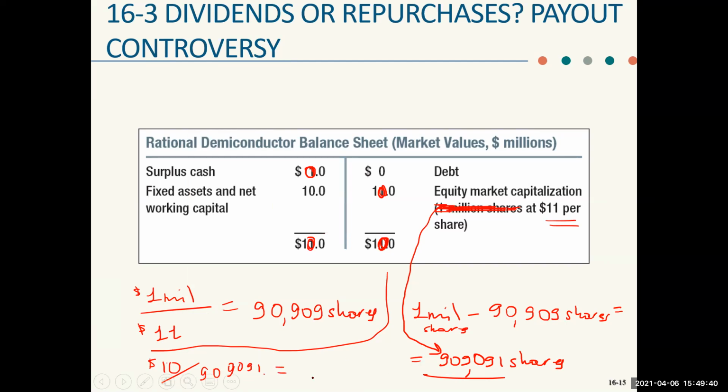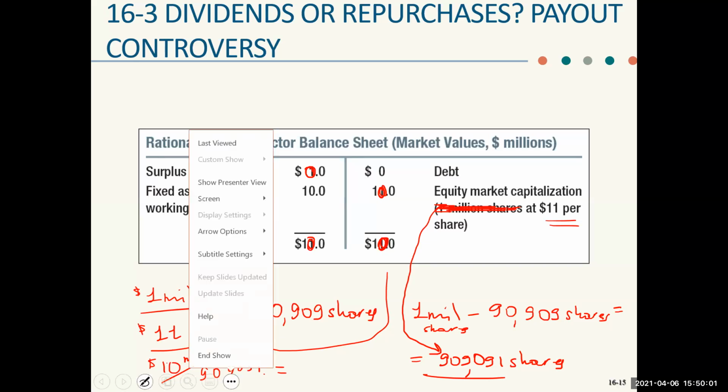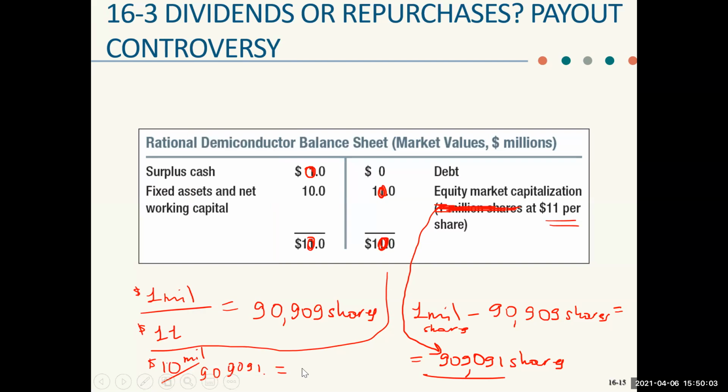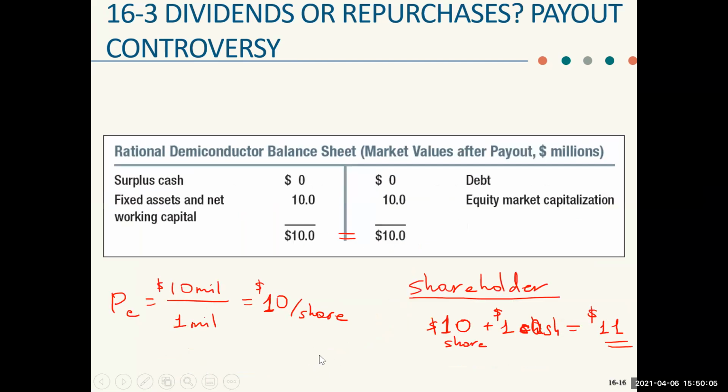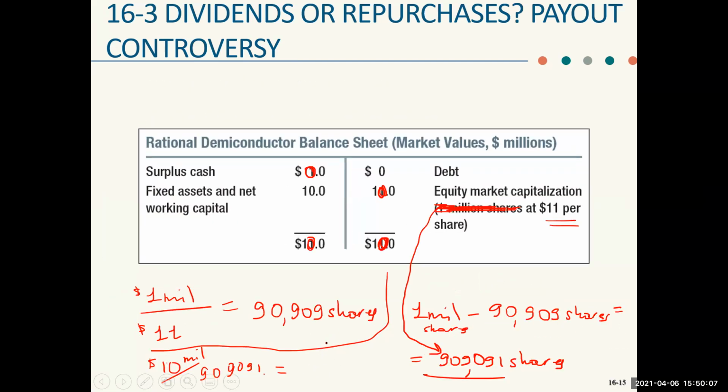What do you get? 10 million divided by that. If you do that, you'll see that, surprisingly, or as expected, it's $11.